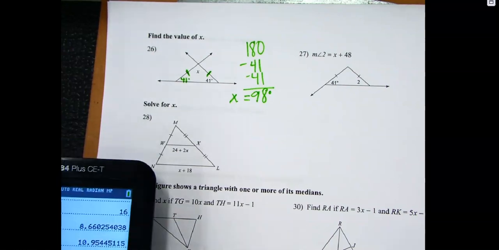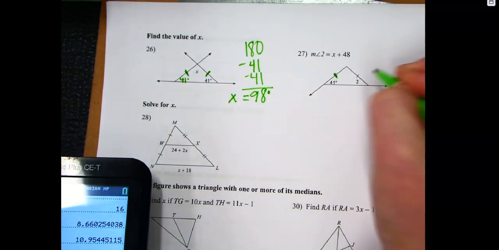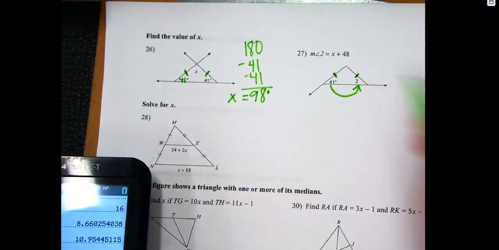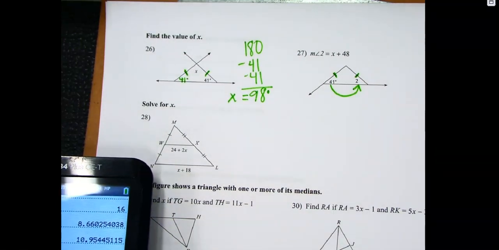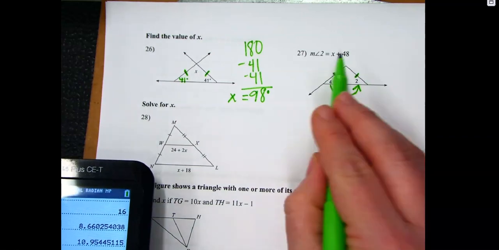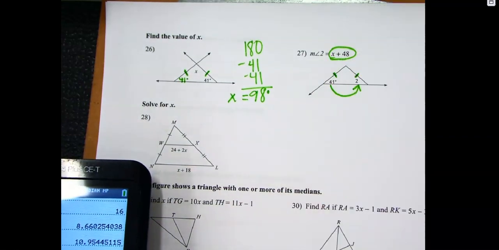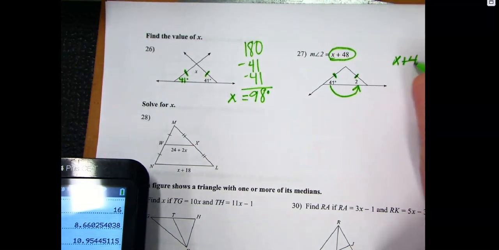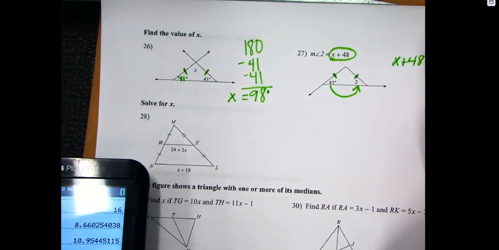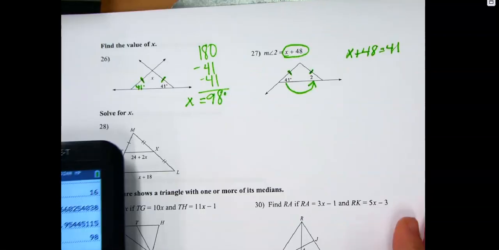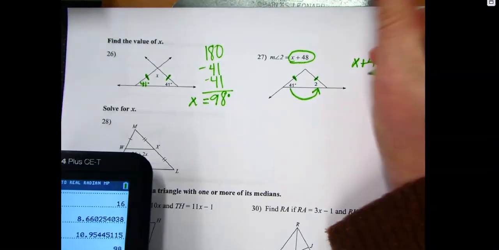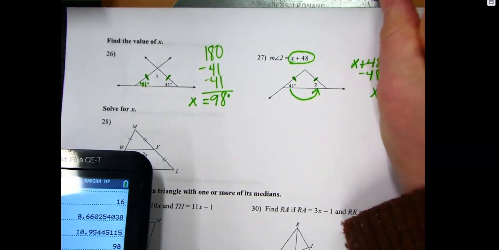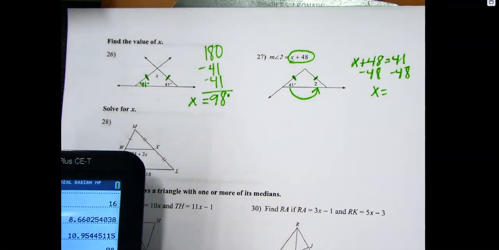Now, for the second one, same thing, indicated to be isosceles, which means if this is 41, so is angle 2. It's also 41 degrees. So you take the expression that it's equal to, and you'll say x plus 48 is equal to 41. Then you can just subtract 48, which I know is freaking everyone out because they're like, it can't be negative.